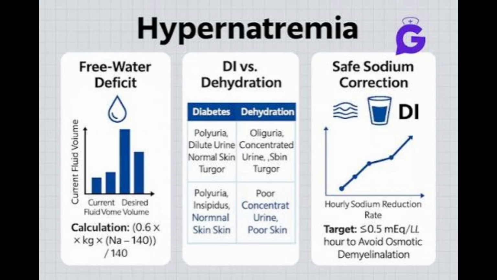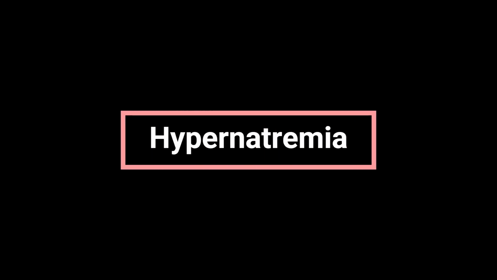Understanding its pathophysiology and management can significantly improve patient outcomes. In this video, we'll cover definition and physiology, causes of hypernatremia, clinical manifestations, diagnostic approach, and principles of treatment. Let's begin.